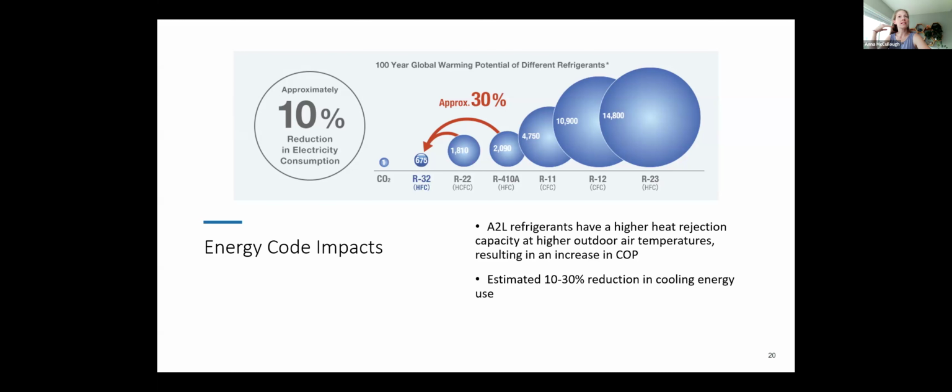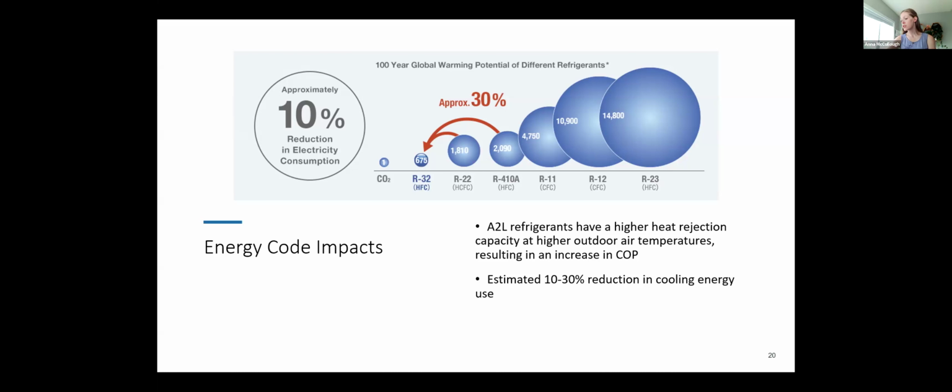And this increases the energy efficiency of the system. So we expect to see a 10 to 30% reduction in cooling energy use. That will impact the energy code moving forward, where we will see updates to the minimum allowable energy efficiency ratios or COPs listed in the energy code to better reflect what's available in the market.